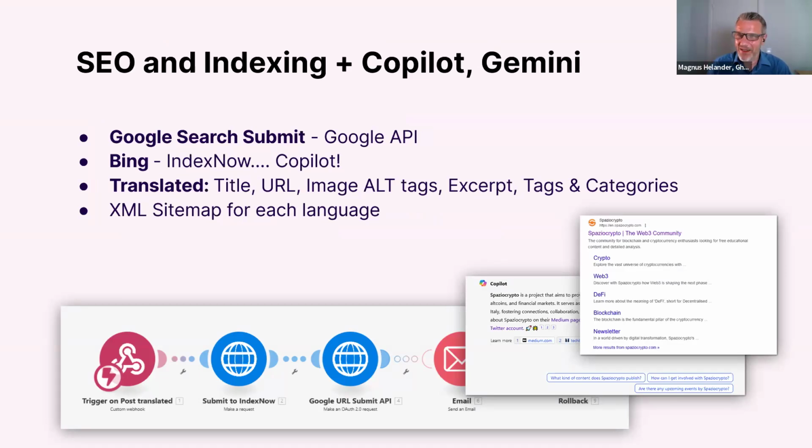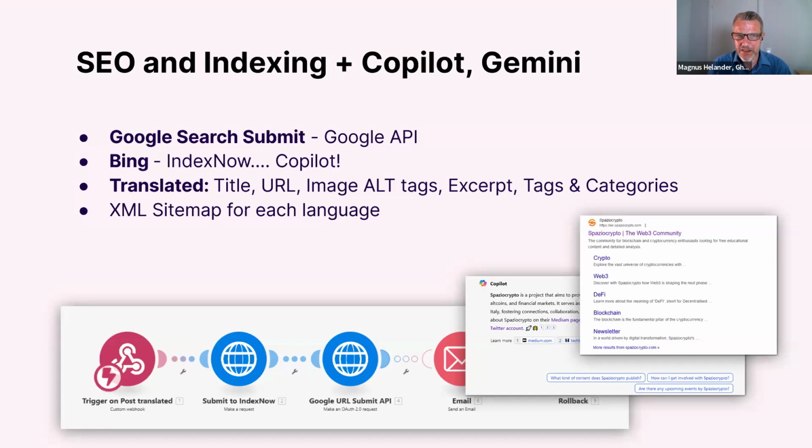But Copilot is reading data using Bing as a source for information. So by submitting to Bing using IndexNow, we also get the content into Copilot. And we also submit it to Google, and we translate everything: the title, the URL, alt tags, excerpts, tags, categories. Everything is localized in the different languages.